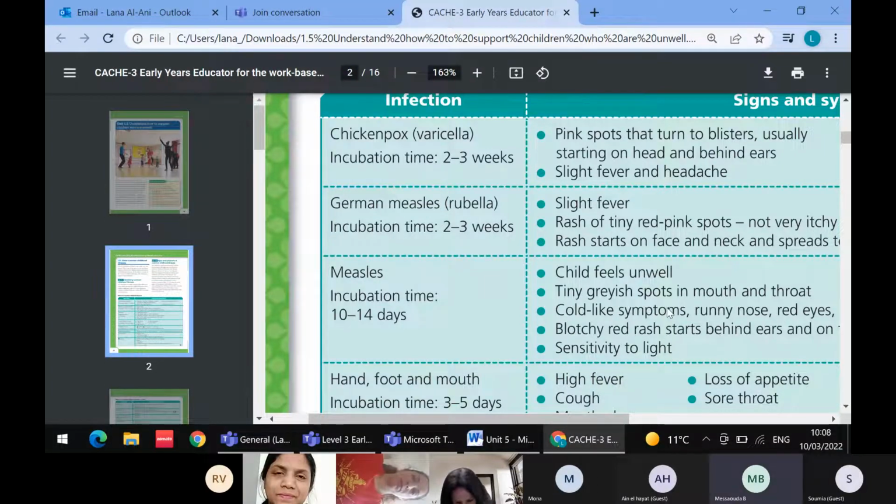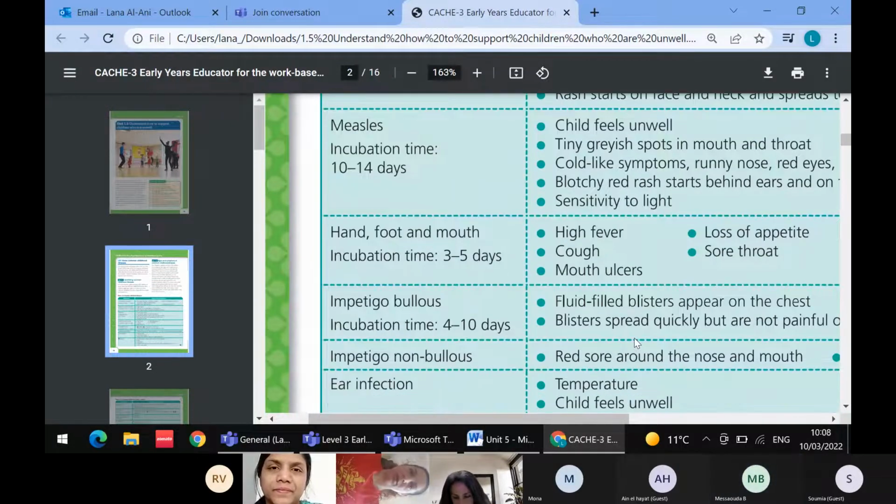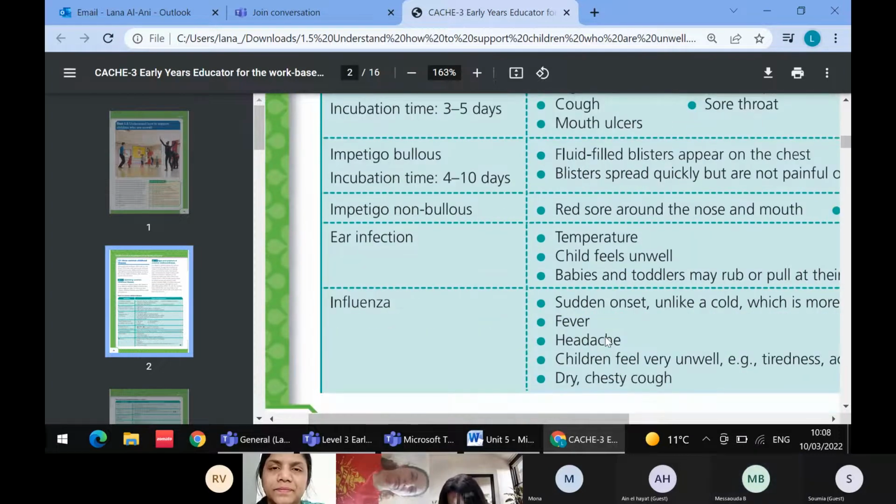Chickenpox, measles. Yes, very good. So we have chickenpox, stomach, German measles. We have measles. Okay. Hand, foot and mouth infections. Ear infections. So say again. Ear infections, very good.